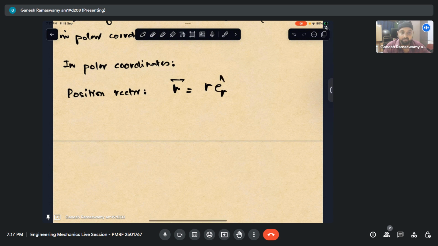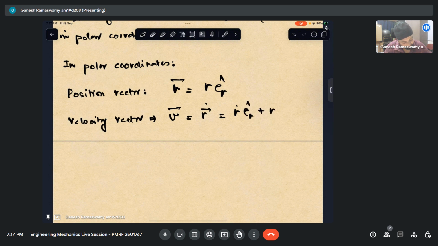Now we know that velocity vector is r vector dot, which is r dot er plus r er dot.